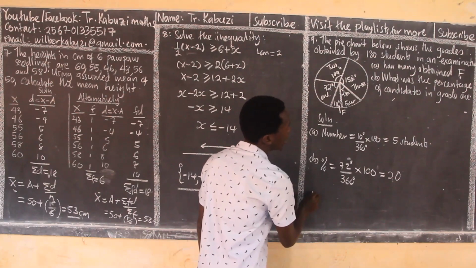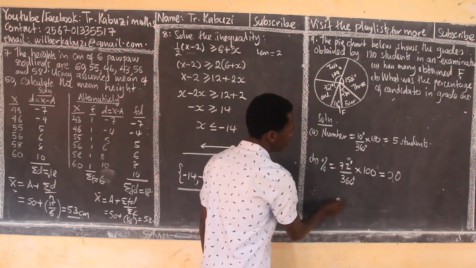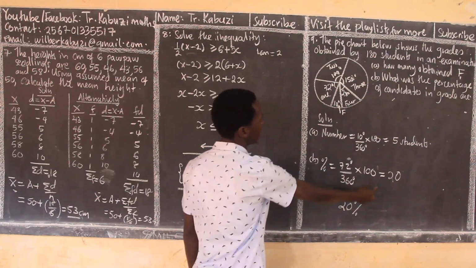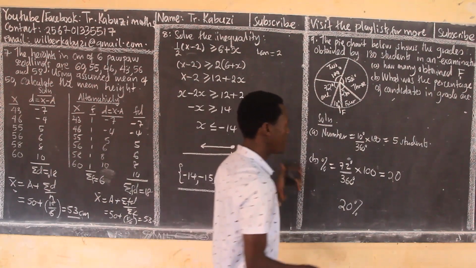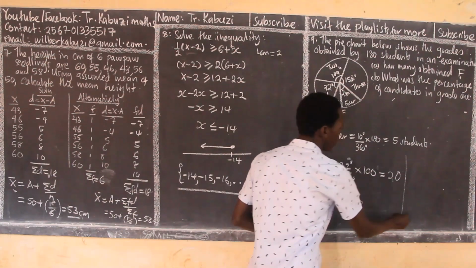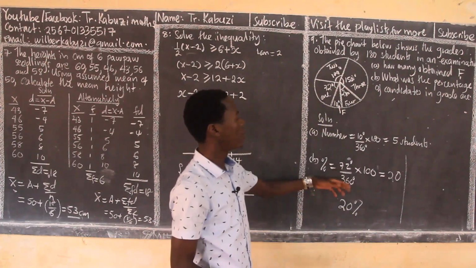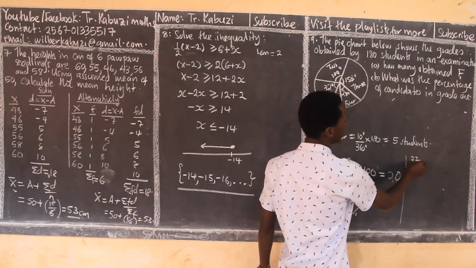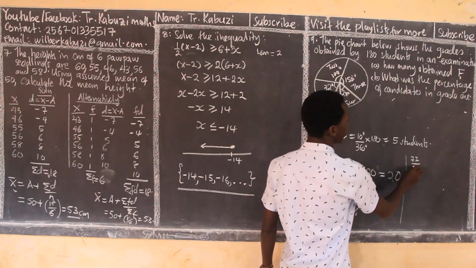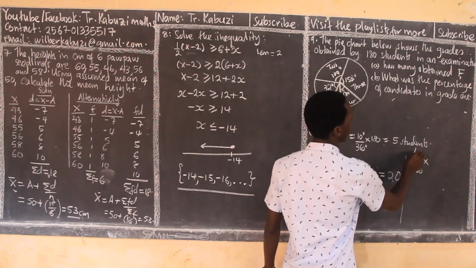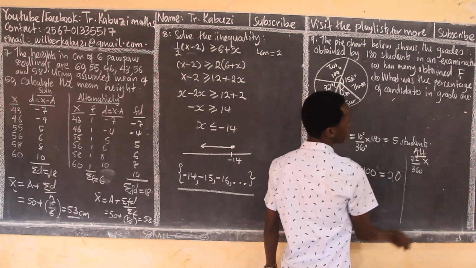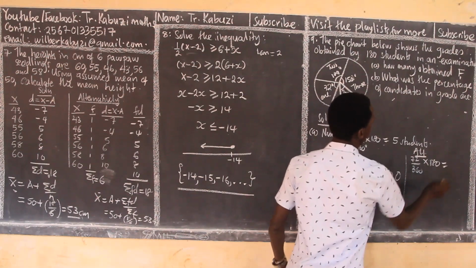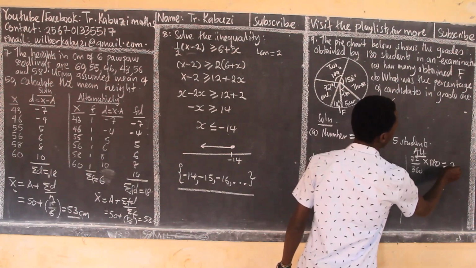So our percentage is going to be 20. Or some people prefer to put 20%, but I've already said percentage. The alternative, what people can do, is longer. You want to get the students first. So you first get the students by saying 72 over 360 times 180, and that will give you 36.